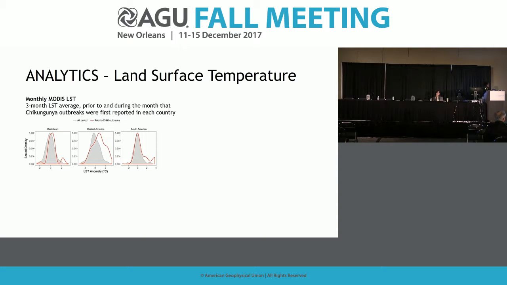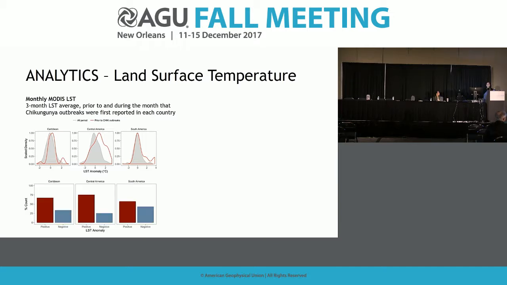So you can see in here for the Caribbean, there's a slight shift to higher than normal LST, and in Central America, the distribution shifted quite visibly. In South America, even though the mean looks pretty similar, there's a higher distribution at the right end tail. If I count how many locations have a positive anomaly, we see a uniform pattern across the region.